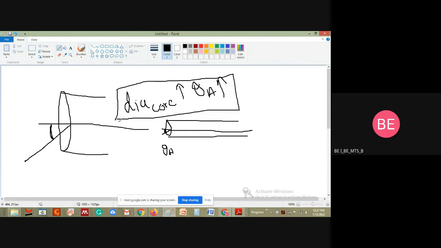One of the factors that affects the acceptance angle is the core diameter. If the diameter of the core is less, the acceptance angle is less. If the diameter of the core is larger, then the acceptance angle will also be larger. Can you understand what I'm saying?